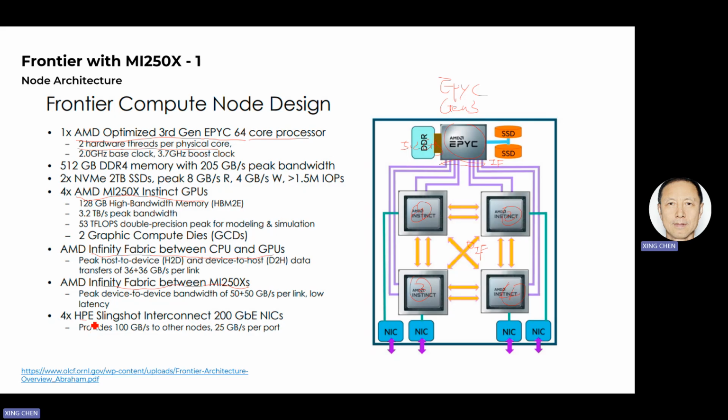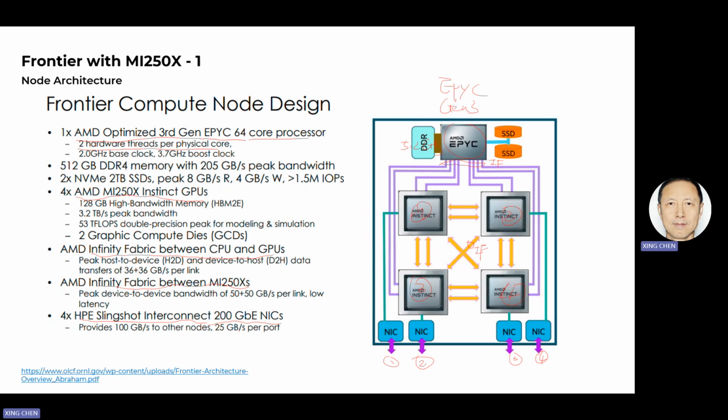And at the end, you have 4 Slingshot interconnect, 200 gigabits per second Ethernet. So you have 1, 2, 3, 4 Slingshot NICs. This is the node architecture of the Frontier system.